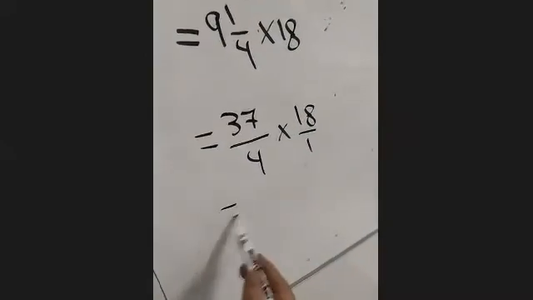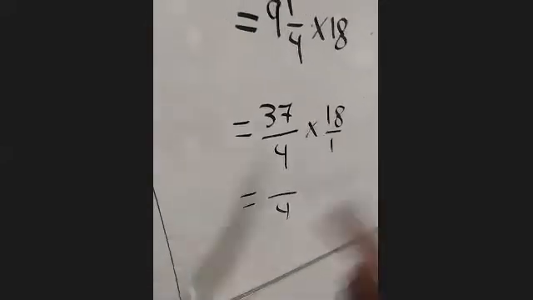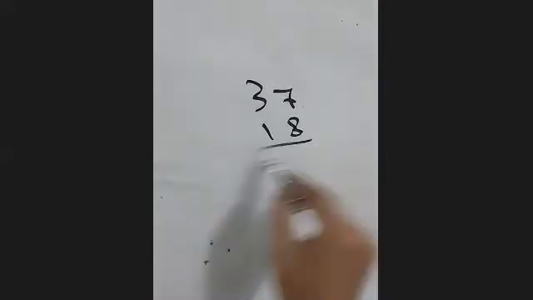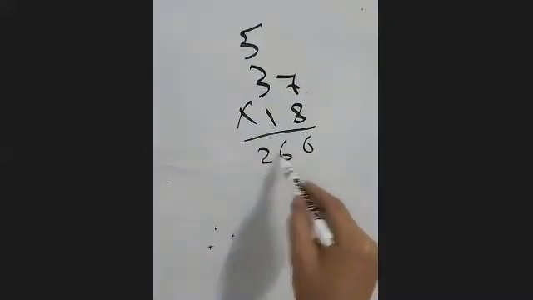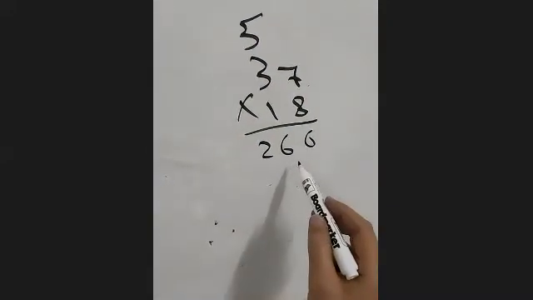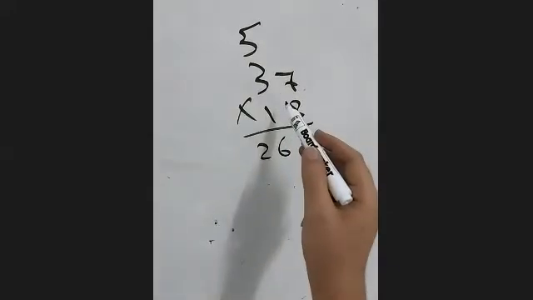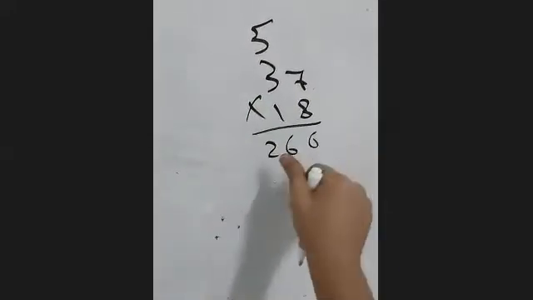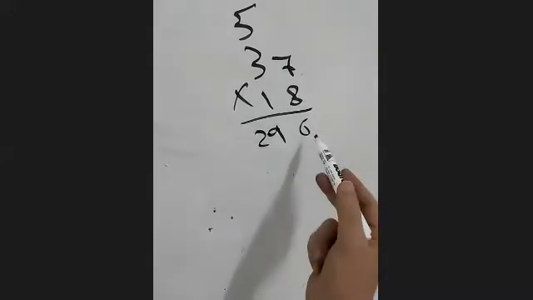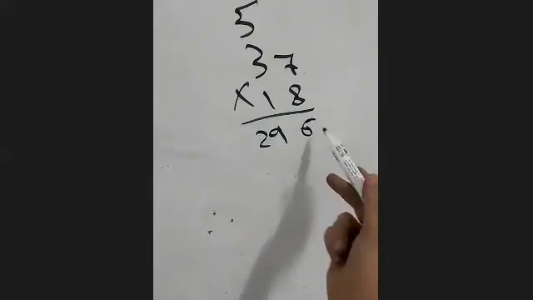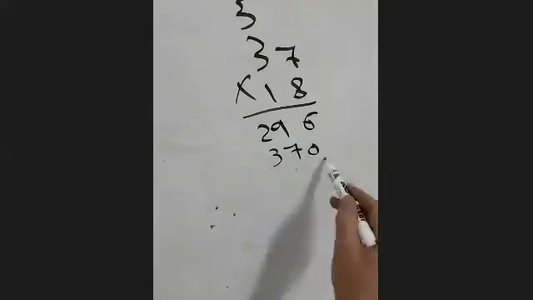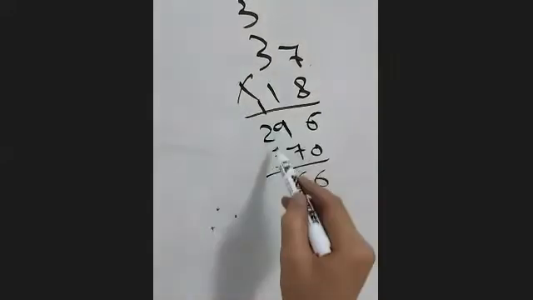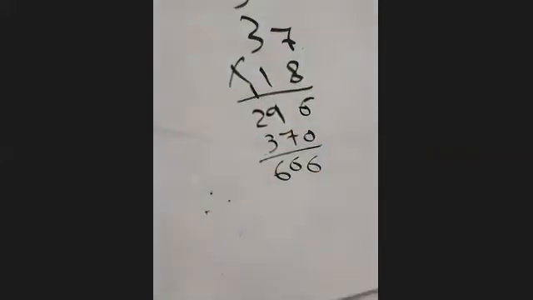This is equal, multiply up, multiply down, 37 by 18. That equals 666 on top.